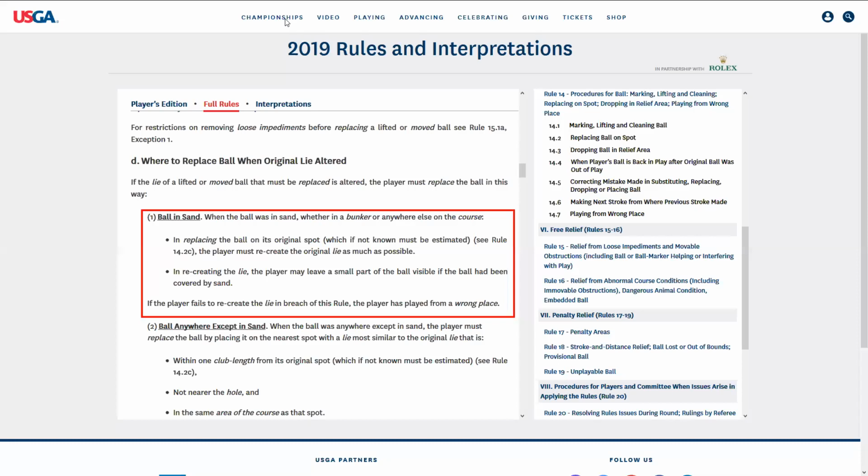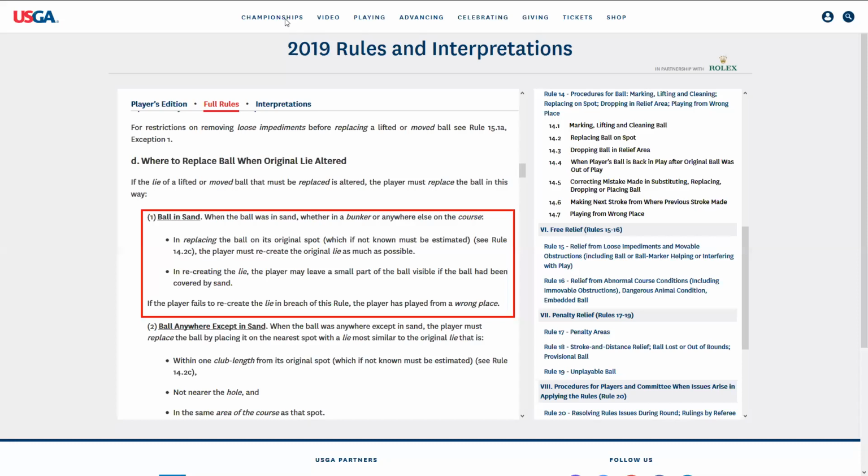Notice also the oddity is if your ball is in a divot hole in the middle of the fairway and another player hits his ball 2 inches behind your ball, and then that player takes his swing and then alters the lie, you now have to put your ball back in the nearest spot with the lie most similar.